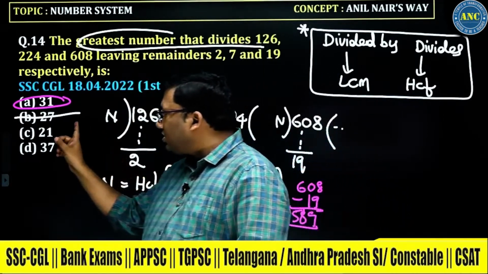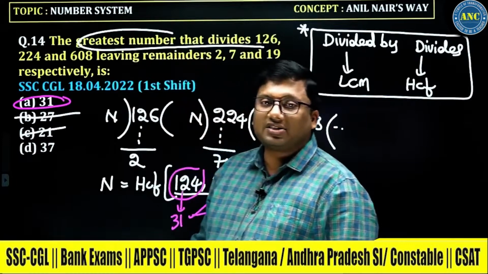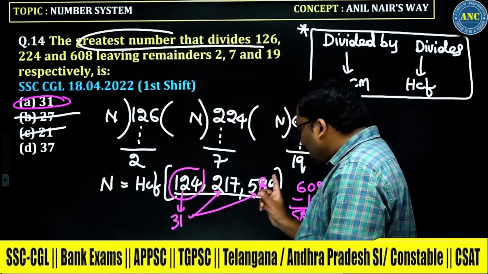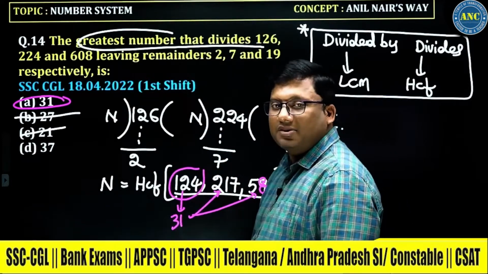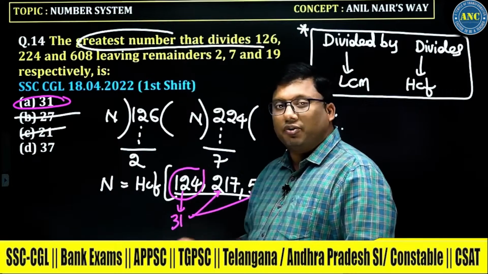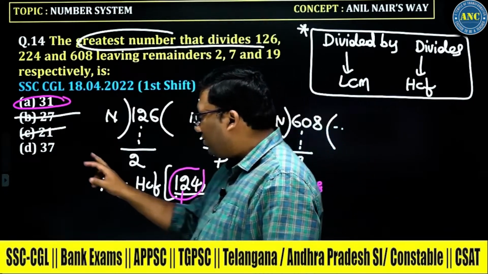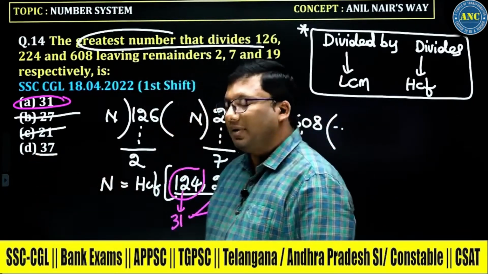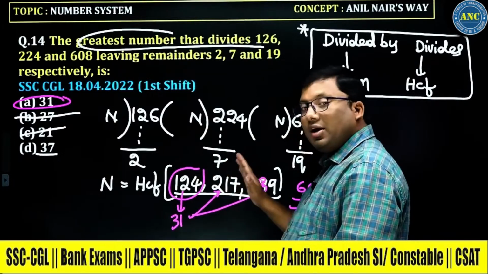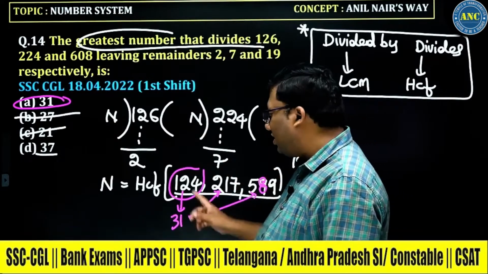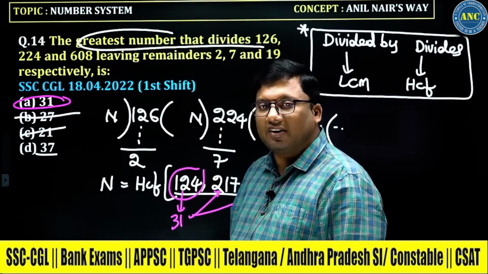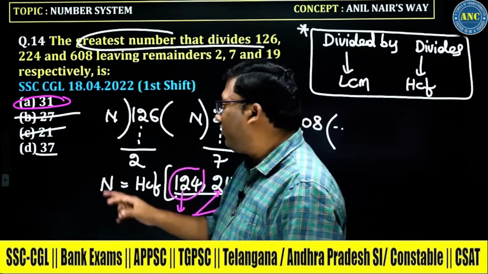If the answer is divisible by 7, every input number should be divisible by 7. 124 is not divisible by 7. If the answer is divisible by 37, every number should be divisible by 37. 37 threes are 111, 37 fours are 148.